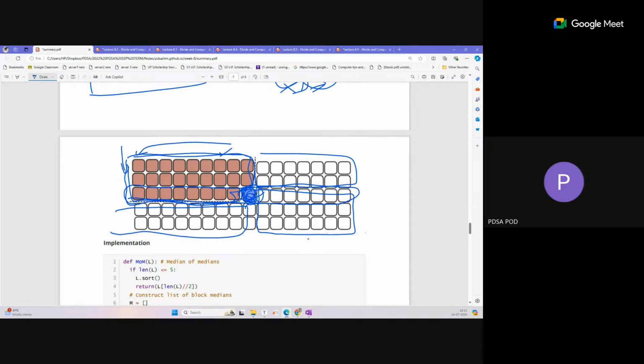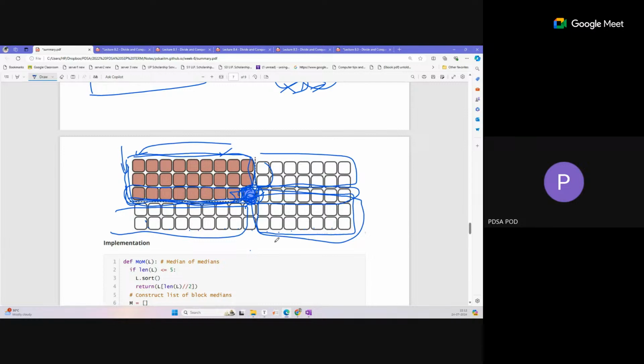It will come within a range. Suppose you have 80 elements: this many elements are smaller, this many are greater, and your element comes in between, after 1/3 on the left and 1/3 on the right side. If you select this as the median element, it will not come to the right corner or left corner.